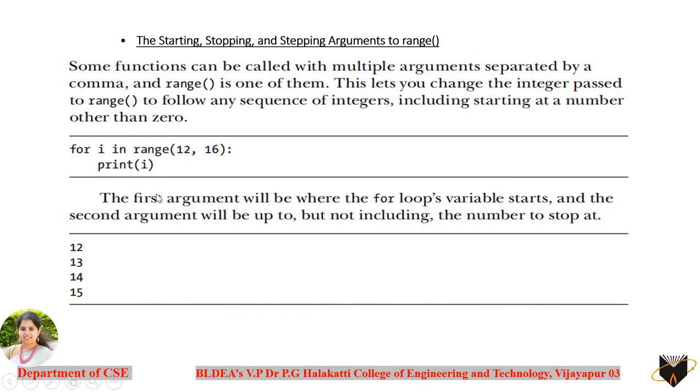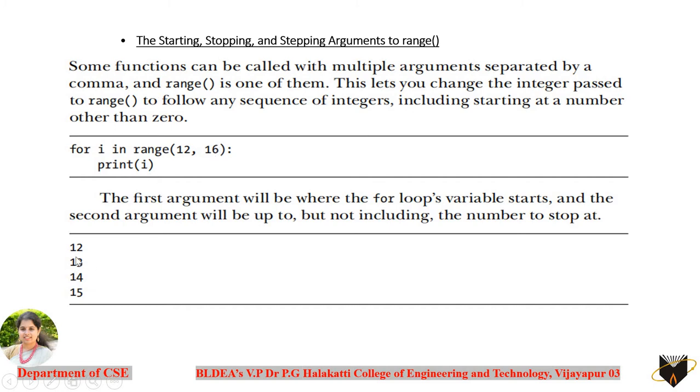So in this example, you can see for is taken, iteration variable, in keyword, range method. The first parameter tells from where the iteration has to begin and up to where the iteration has to be carried out. In this example, the iteration will begin from 12 and it will be executed till 15. So do remember here, the end parameter is not the value that is actually reached in the range method. Instead, it is one value less than this end parameter.